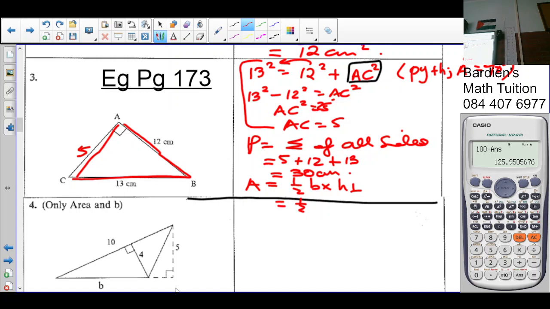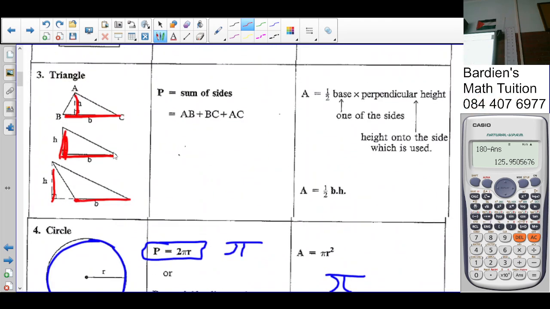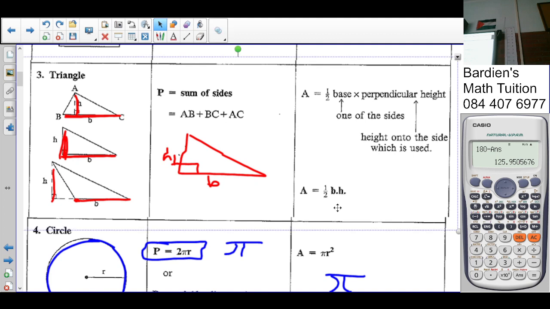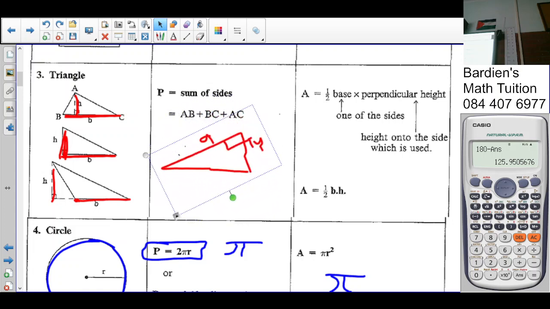We look at the shape here. Okay, this one here. This was your base and that's your perpendicular. Not so? So I take the same shape and I rotate it.